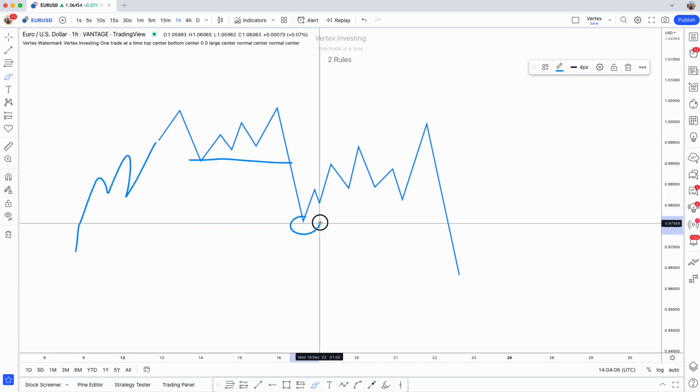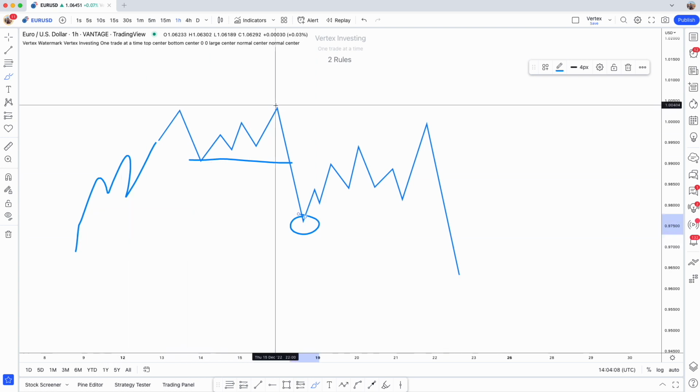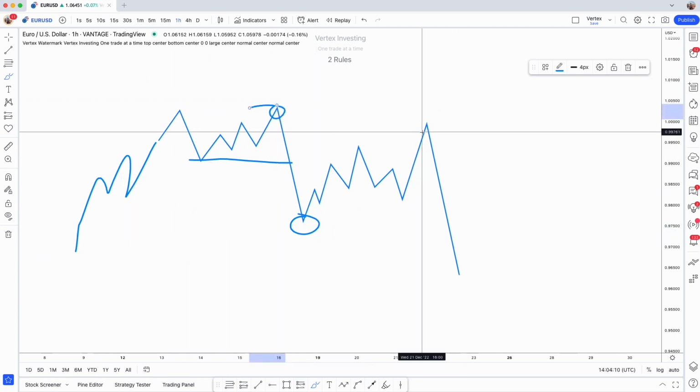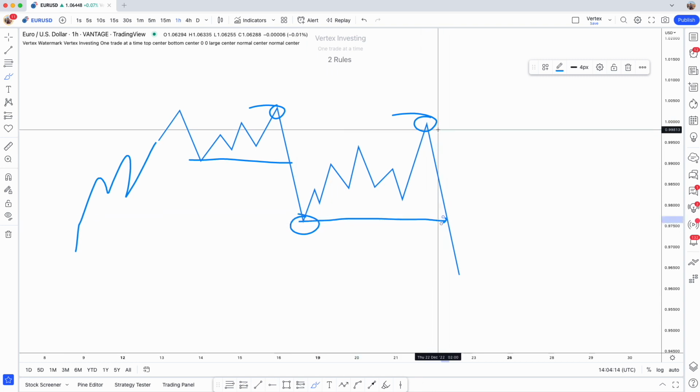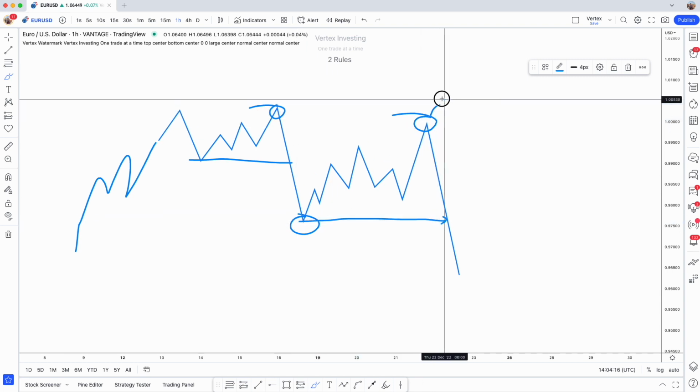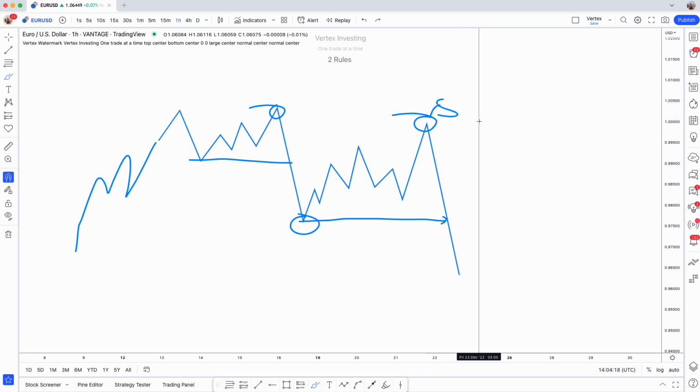The first break of structure causes the intent, and this is the IM, and then we have the second break of structure which breaks that major structure, and that is created by the successful retrace, which is the SR. The reason why we call it the SR is because it was the retrace that successfully broke the intent structure. It's literally as simple as that.